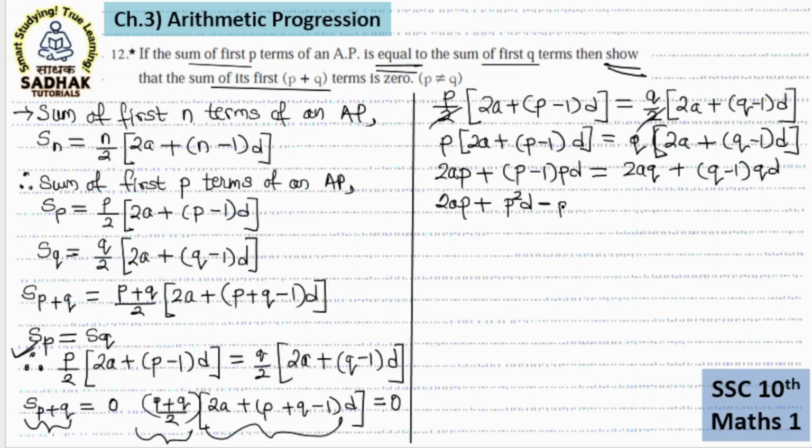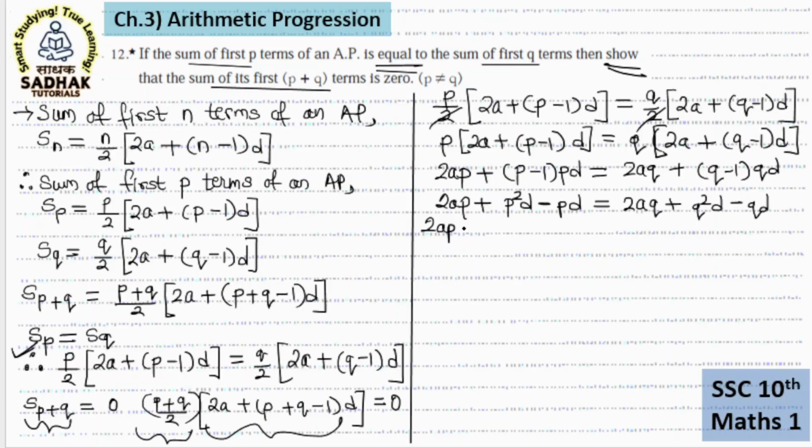Okay, so now can we simplify this further? No. So now let us take whatever is on the right hand side to the left hand side. So we will get 2ap, then the term similar to 2ap is 2aq, so I will write minus 2aq, plus p square d, and the term similar to p square d is q square d, so minus q square d, minus pd and this minus qd will become plus qd is equal to 0.